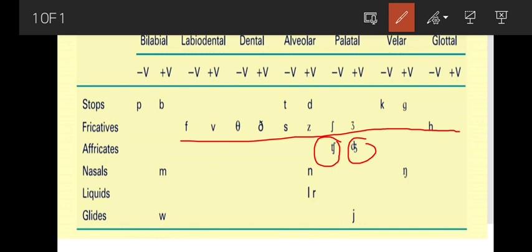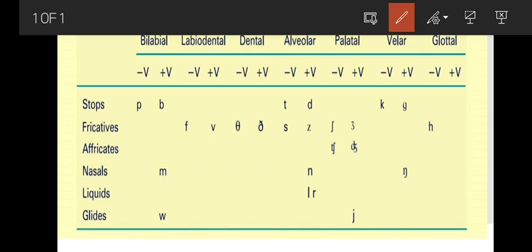So let's discuss the nasal sounds. They are called nasal sounds because the velum is lowered and the air stream is allowed to flow through your nasal cavity.